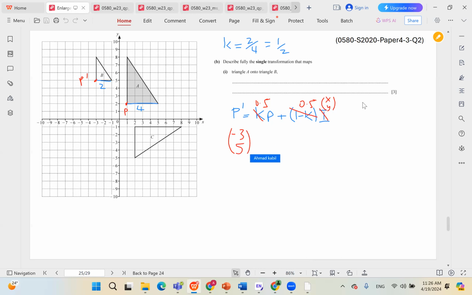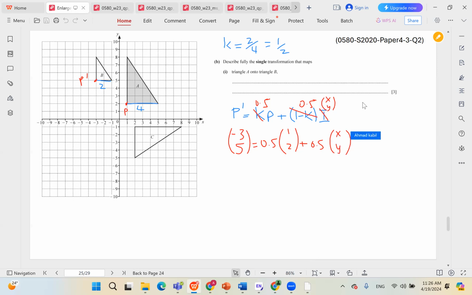And then we have 0.5 multiplied by P. P is 1 and 2. And then plus 0.5 times xy. I'm just going to leave the 0.5 outside because it's easier algebra.